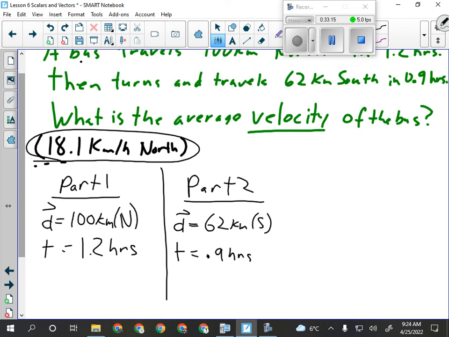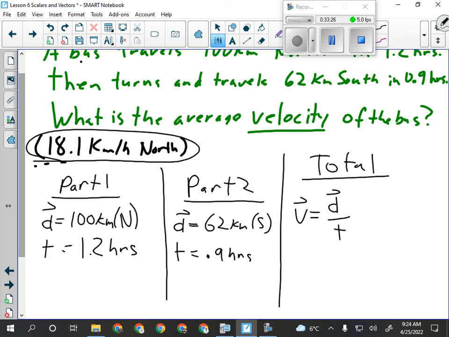So what I do instead is I look at what this formula really means. Velocity equals displacement divided by time. What this really means is average velocity is total displacement divided by total time.